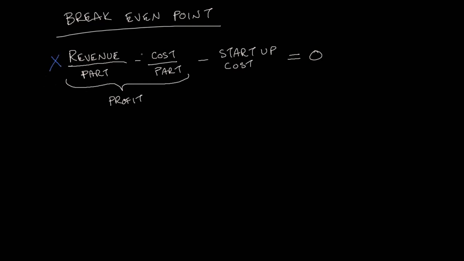X. So we can rearrange this to look like this. X times revenue per part, not revolutions, but revenue, minus the cost.